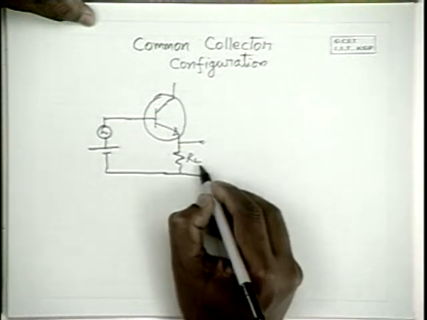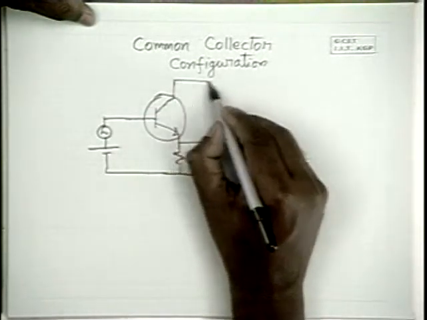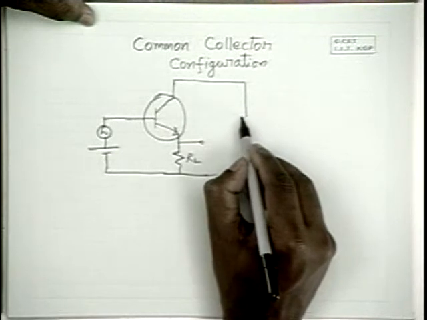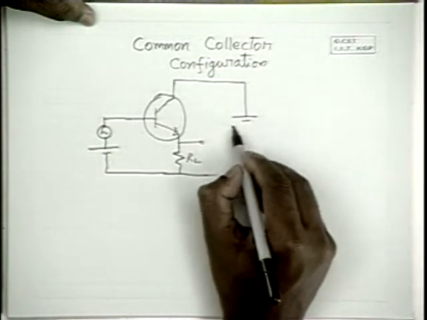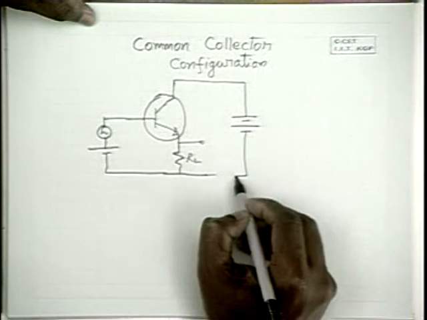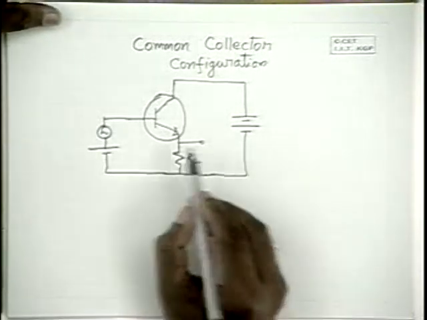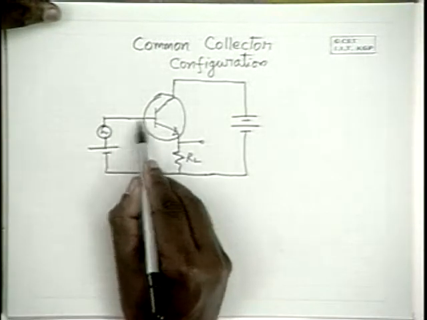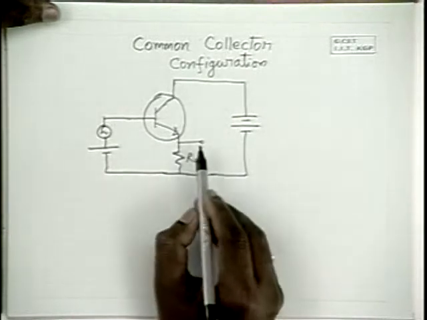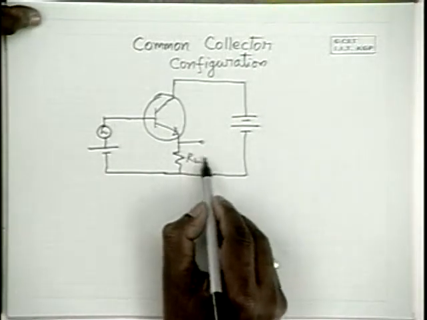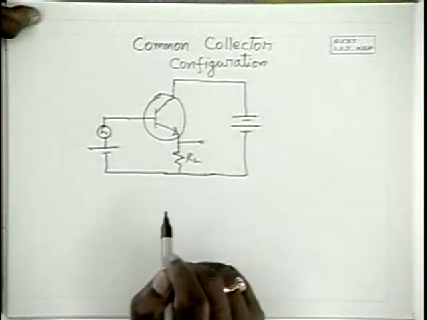This is our load resistance. So you apply the signal to the base, and you will take the signal across the RL.